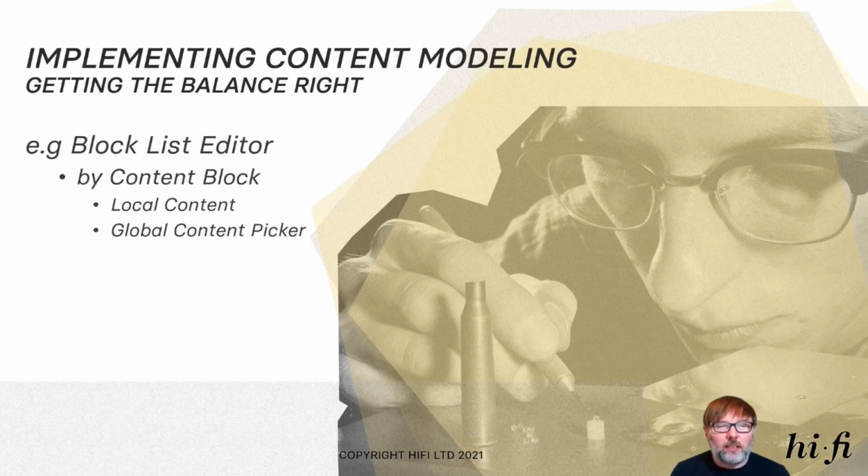We really like the recent implementation of the block list editor and using that to allow us to provide what we call inline data, so data that's very much tied to a page, to a thing, and then be able to also link out to global content data, which can be your unstructured things that can be reused around the site wherever you want to. And having that fine balance makes Umbraco a really, really interesting content management system for us.